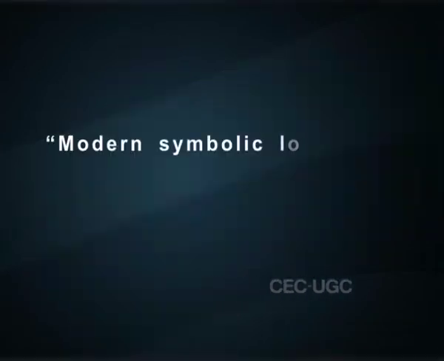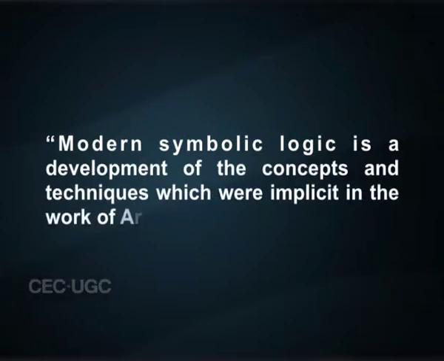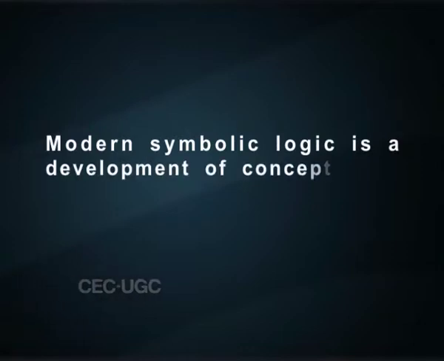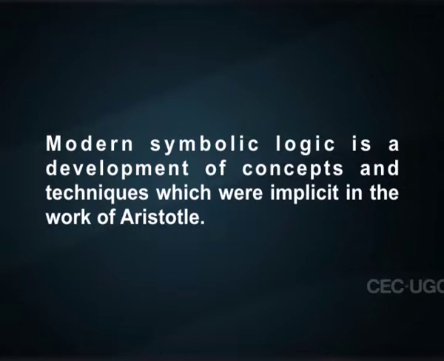Classical logic and symbolic logic are interconnected. According to Bason and O'Connor, modern symbolic logic is a development of the concepts and techniques which were implicit in the work of Aristotle. It is now generally agreed by logicians that this is so.